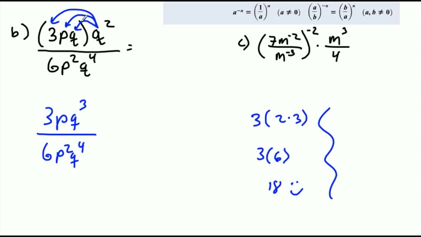But if I were to use the logic that I just did right now, you would say, oh no, actually, you're supposed to go 3 times 2, which is 6, 3 times 3, which is 9. Now it's actually 54. Wait a minute, is it 54 or is it 18? Well, it's very, very simple here. The answer is 18. It's not 54. So that's why you don't do this right here.